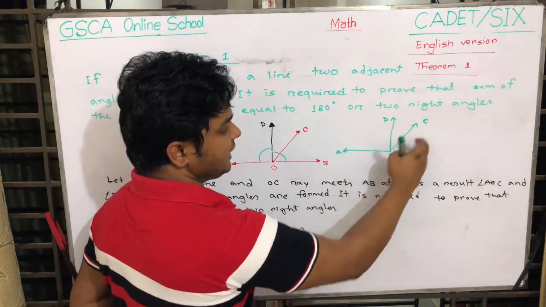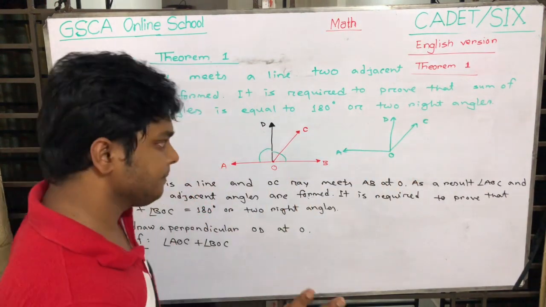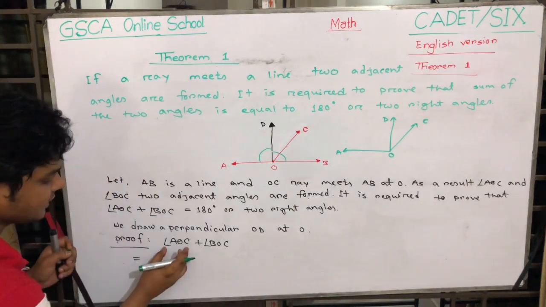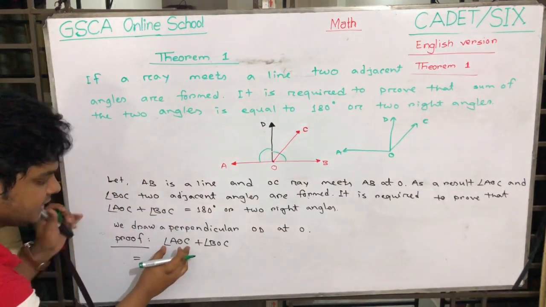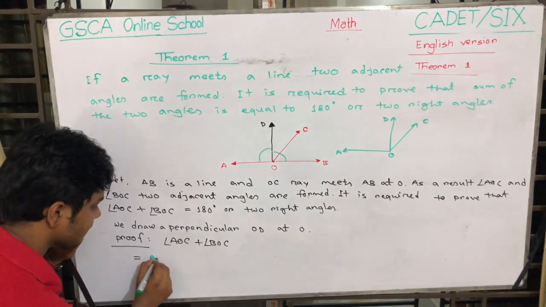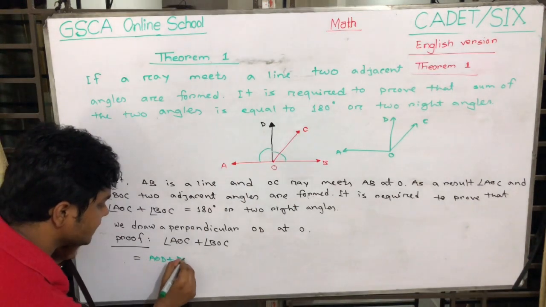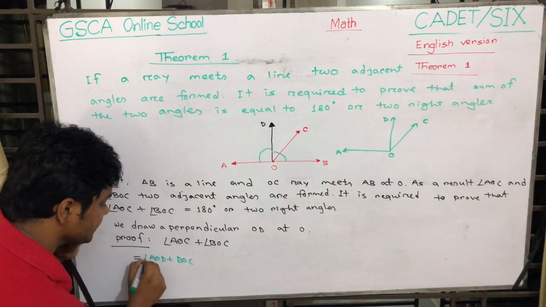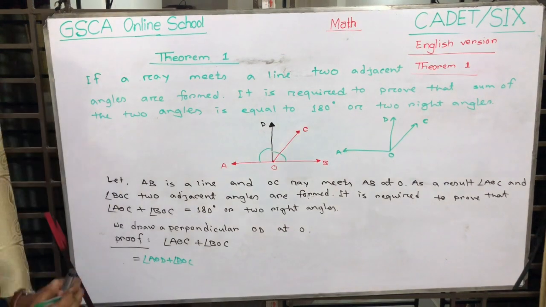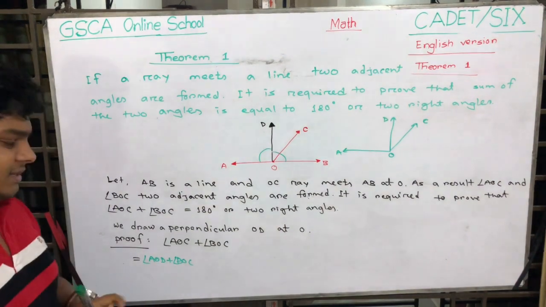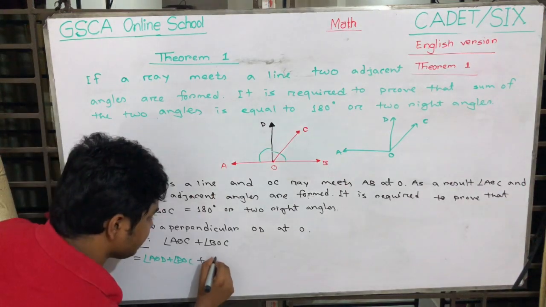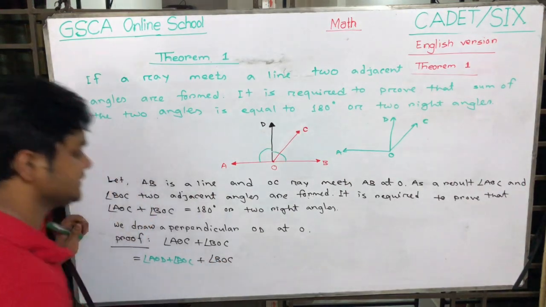If we divide AOC, we get two angles. So in case of AOC, we'll write AOD plus DOC. Okay, and BOC, keep that the same. There is no work for it.